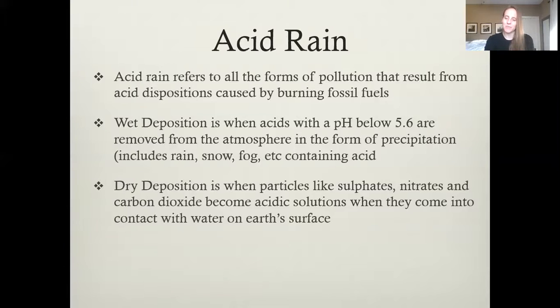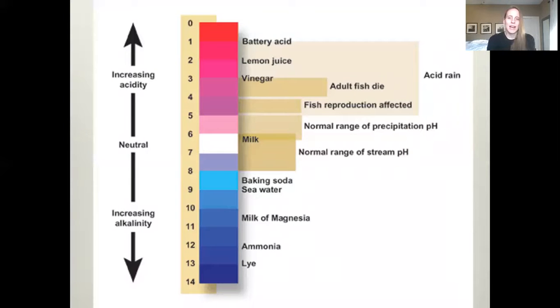Dry deposition is when you have sulfates or nitrates or even carbon dioxide becoming acidic solutions when they come into contact with water that's already on Earth's surface. So right here, between a pH of about 1 and 5 is where we have acid rain.